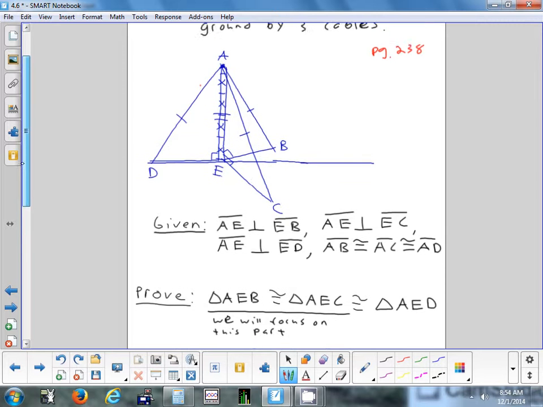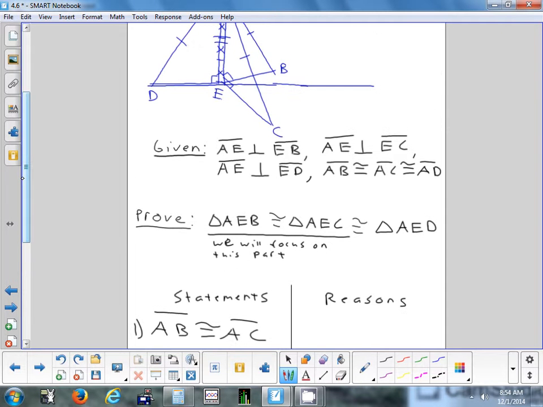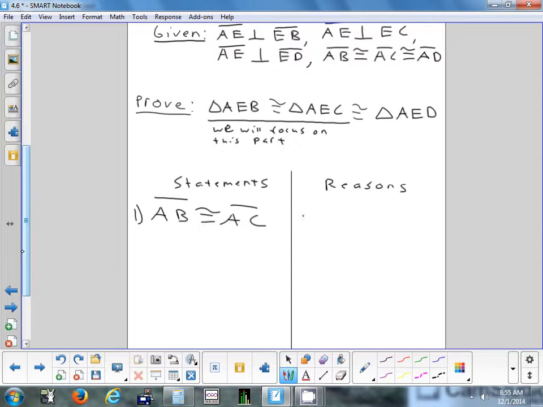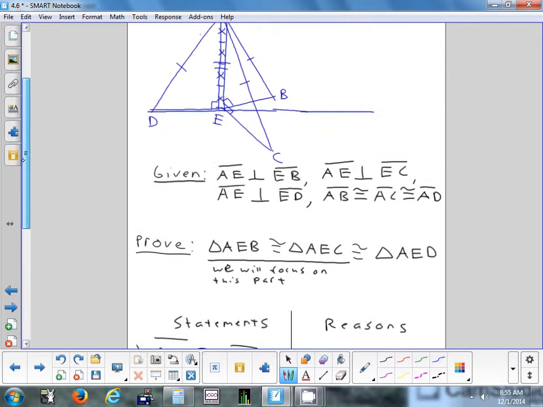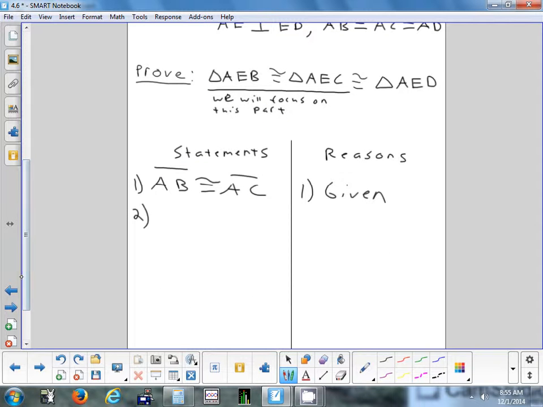AB is congruent to AC. Yep, that's good, and exactly, that's given. Okay. Yep, so we got AE congruent to AE, that's congruent to itself, that's the reflexive property.